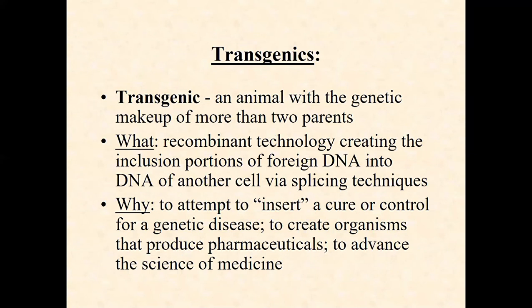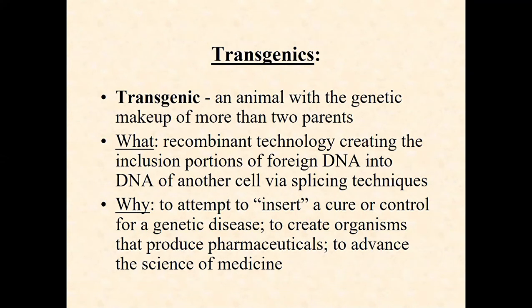One more slide. Transgenics, an animal with genetic makeup of more than two parents. Technology creating the inclusion of foreign DNA into the DNA of another cell via splicing techniques. Why do they do this?